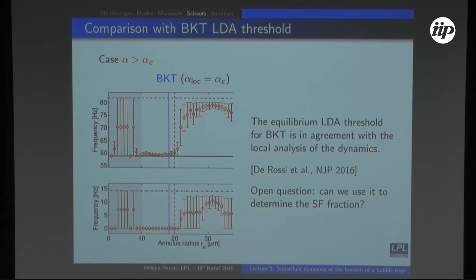And what he sees right at the critical value, you already have some value for the superfluid fraction, and a little bit also in the normal region because of finite height and proximity. So this also is very hard to determine quantitatively.